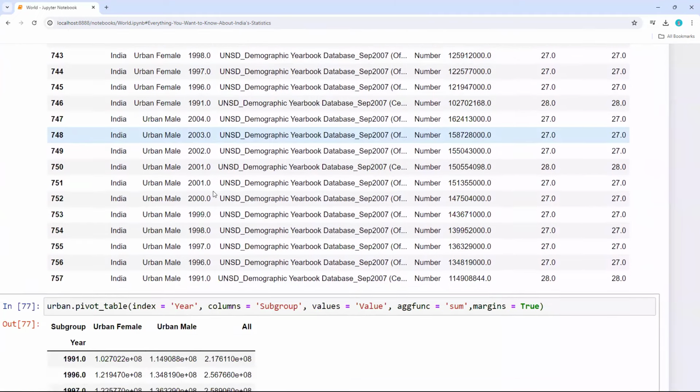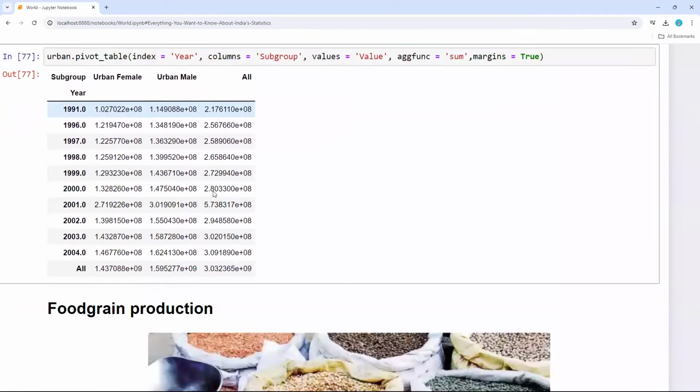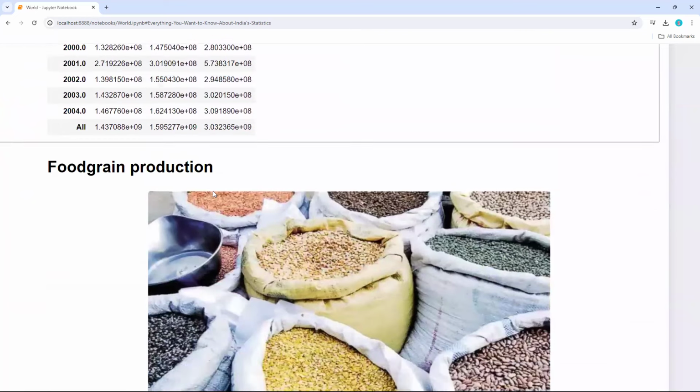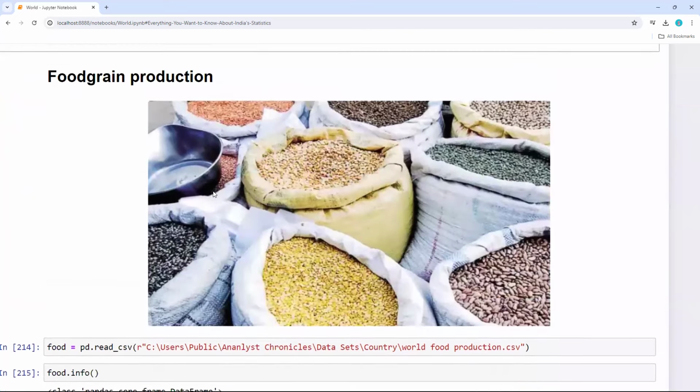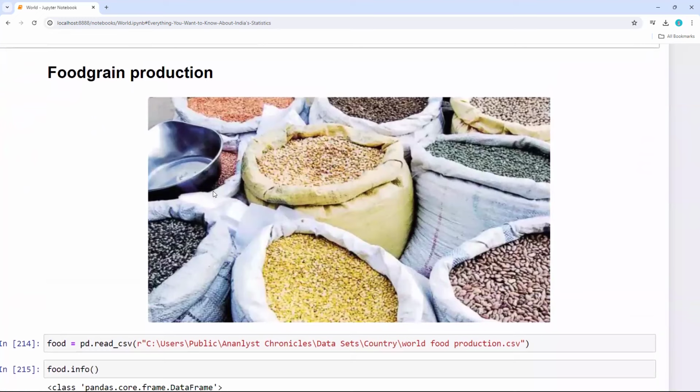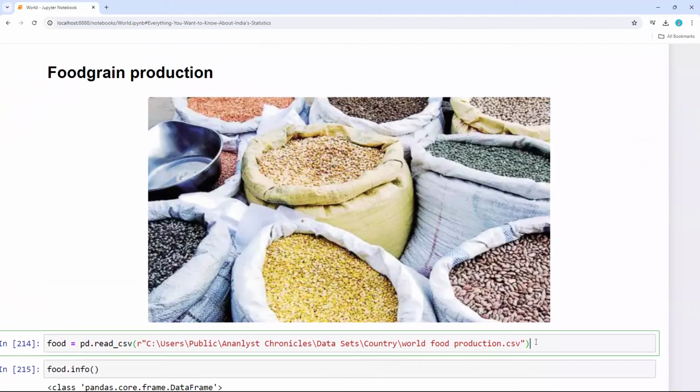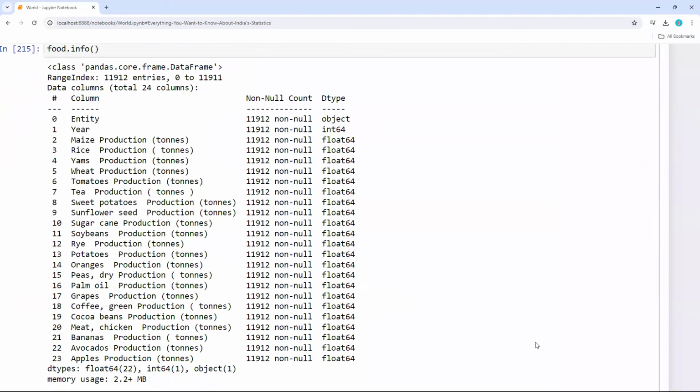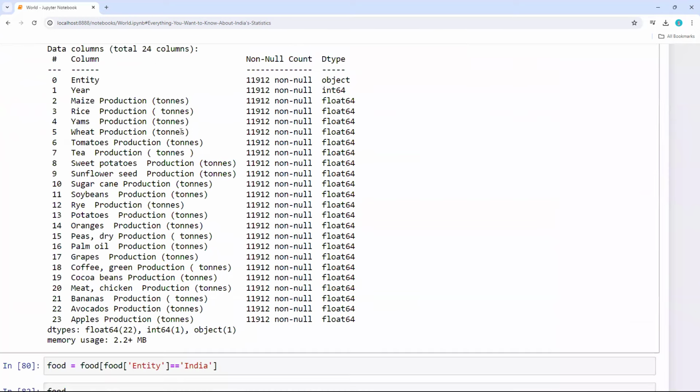So let's jump into another category of statistics: food grain production. Let's have a look at the different kinds of foods India is producing per year. This is my data set, and if I run it, I have all the columns like year and the production of maize, rice, yams, wheat, tomatoes, tea, sweet potatoes.